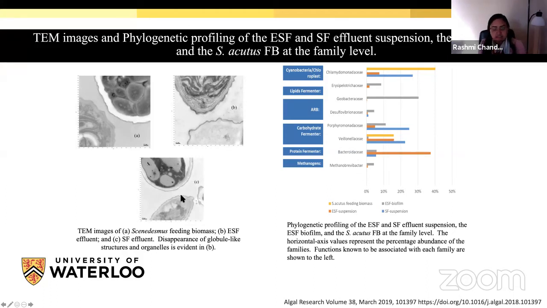So it means the cell wall is degrading at a faster rate, and that results in accessibility of more of the desirable compounds. And then we did the community analysis.